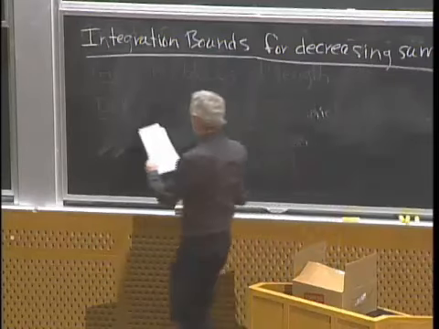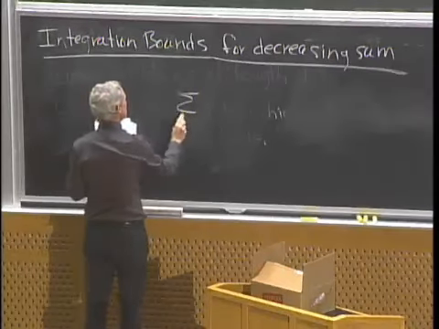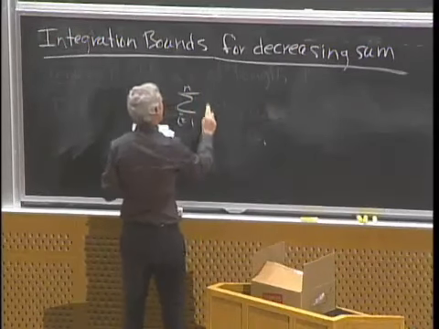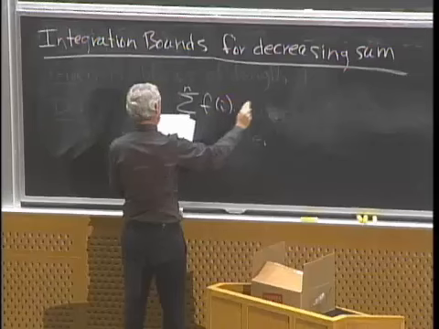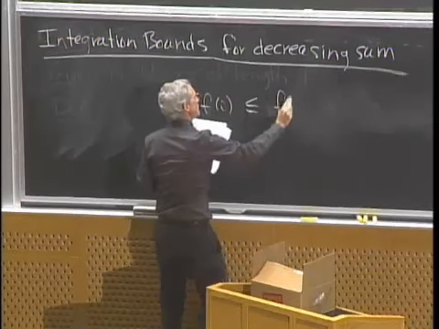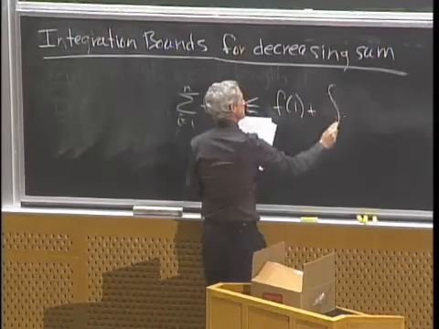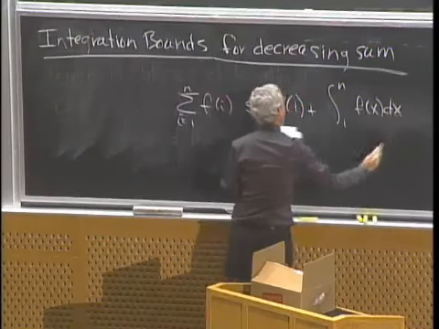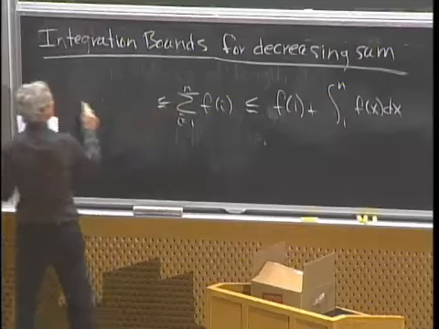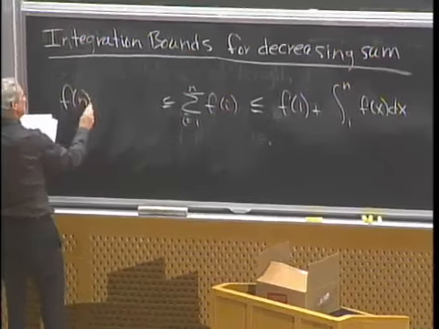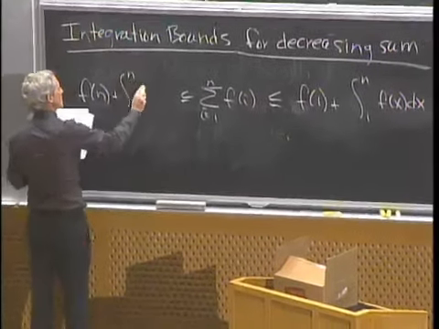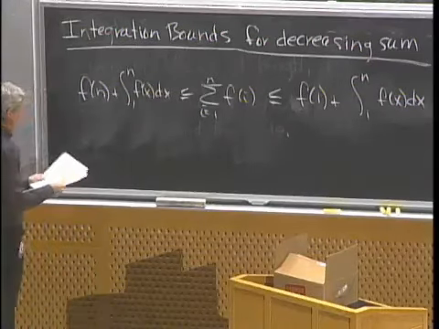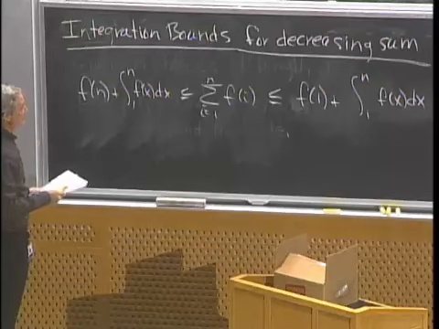All right, and that formula is that the sum, i equals 1 to n, of f of i is at most the first term plus the integral, and it's at least the last term plus the integral. All right, in this case, we have f of i as 1 over i.